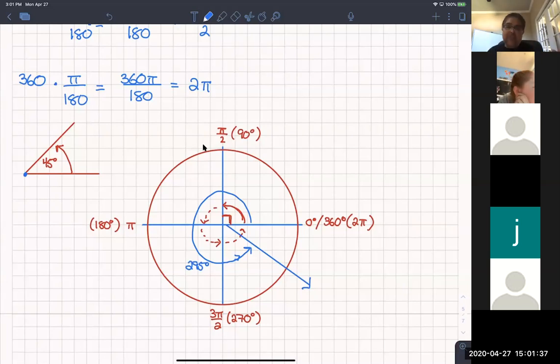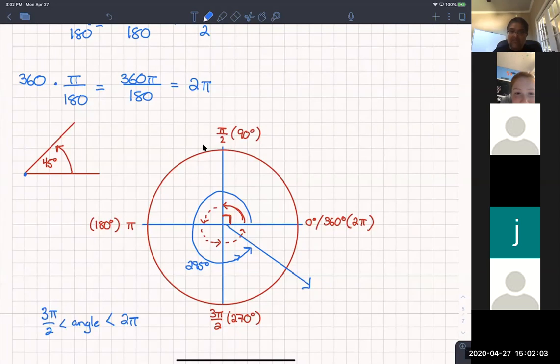So between which two radian measures does it lie? It is greater than 3 pi over 2, but less than 2 pi. So the range is between 3 pi over 2 and 2 pi.